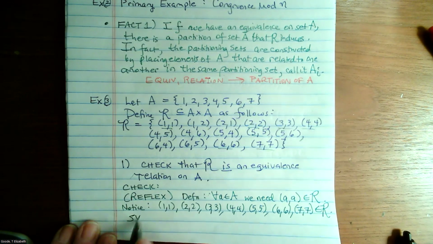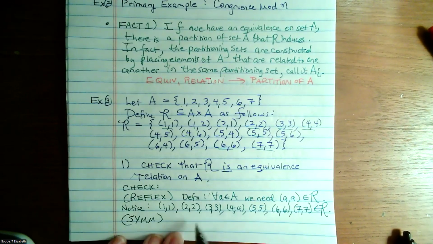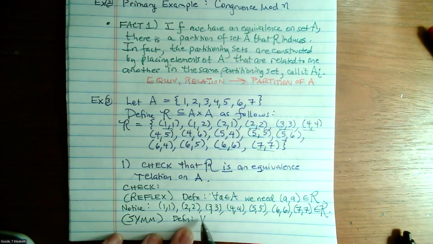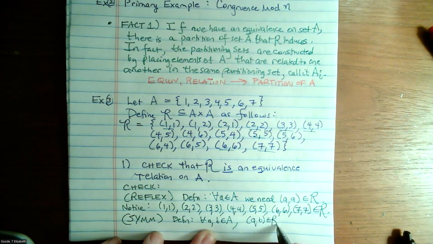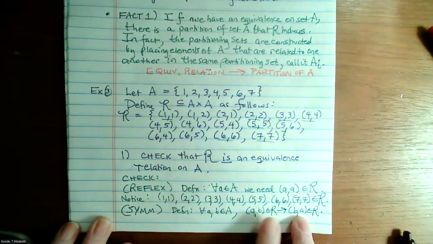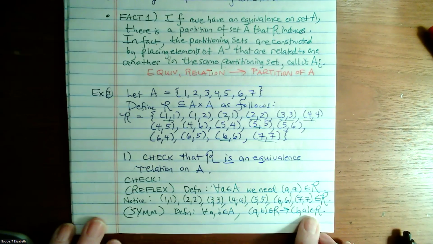So now let's check symmetry. Remember what symmetry says: for all a and b in the underlying set A, if (a, b) is in R, then (b, a) is going to be in R. We need the symmetric twin. If a is related to b, we need b related to a.